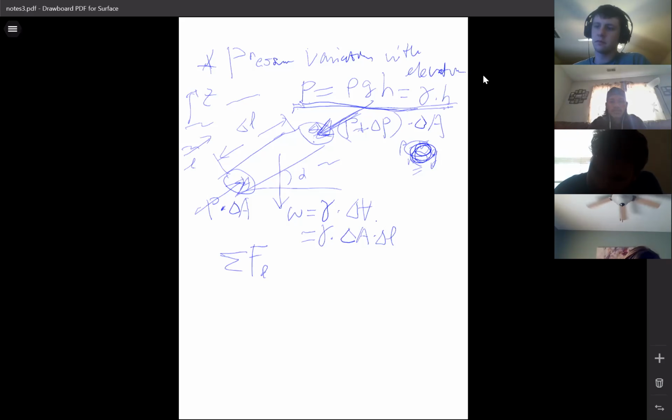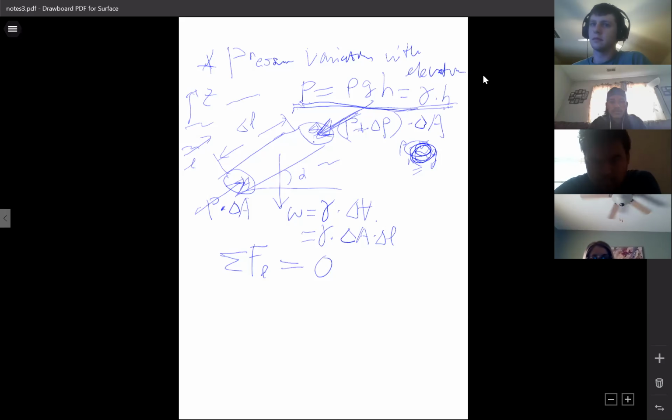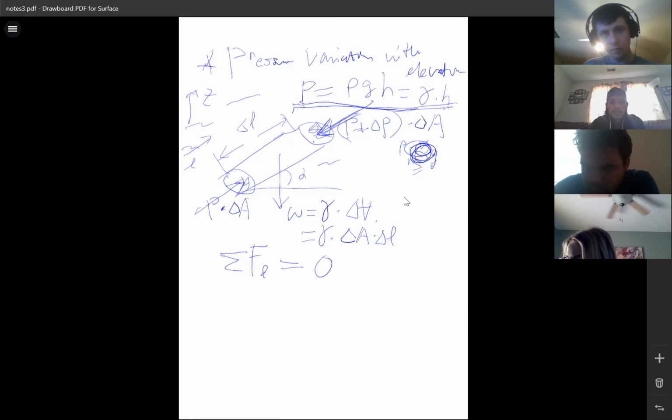Same thing here: you want the force balance along the orientation of the element, L. So that should be equal to 0, hydrostatics. Write down this equation to earn some points in the quiz or tests. Everybody follow me so far? Nobody behind? Good.